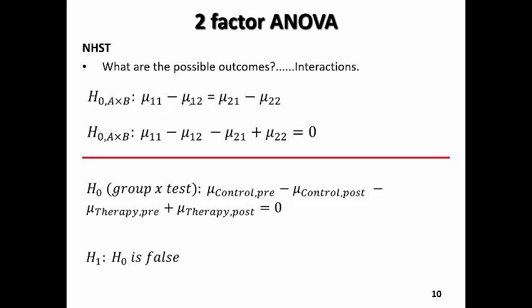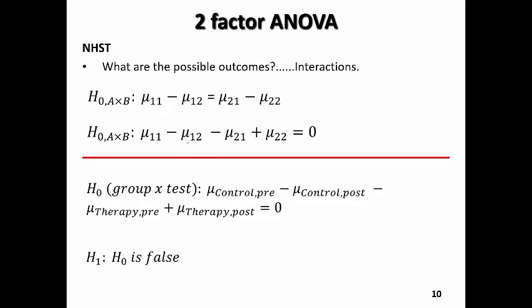And so what we're really doing here with this null hypothesis is we're going to compare the difference of the first group across the 2 tests, the pretest and the post-test, against the difference of the second group across the pretest and the post-test, which is the second number, which is the columns here.